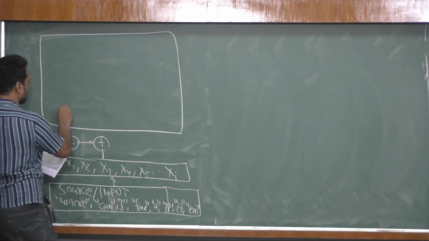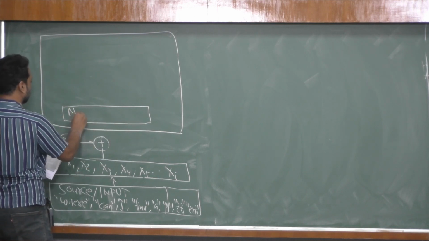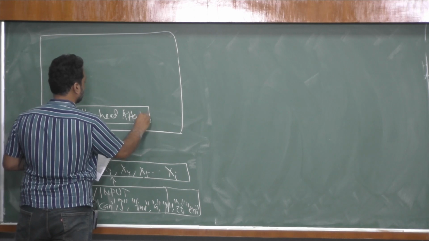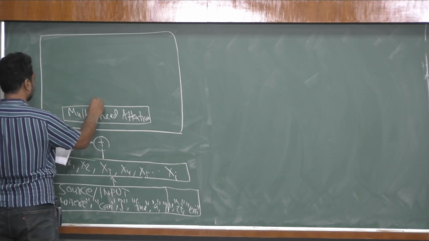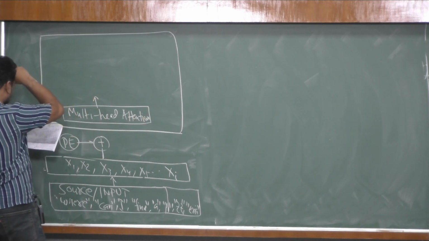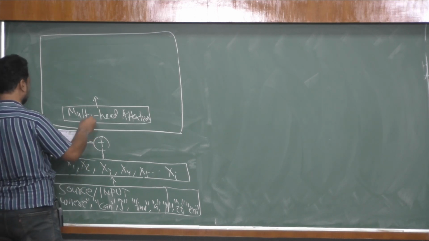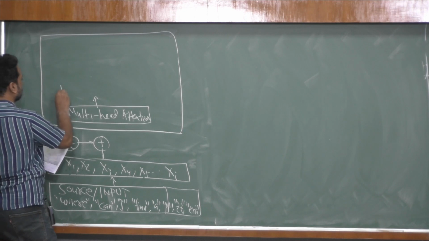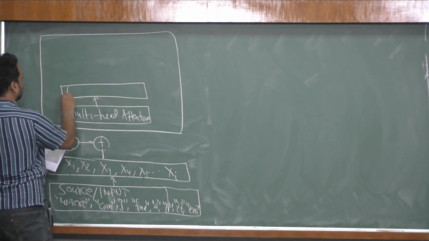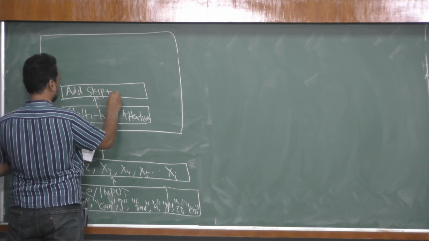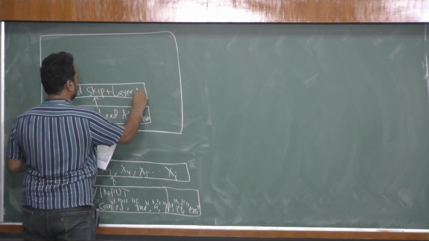So we have multi-head attention, and then what it does in the paper is that you add something called add skip plus layer normalization. I will explain this.